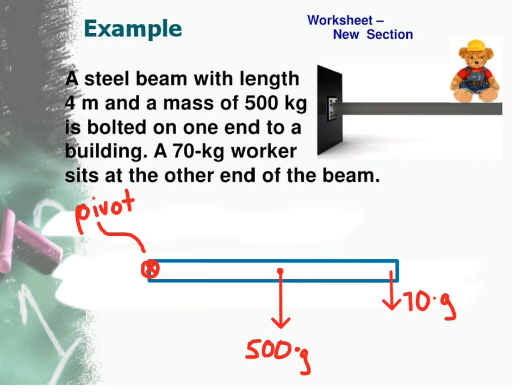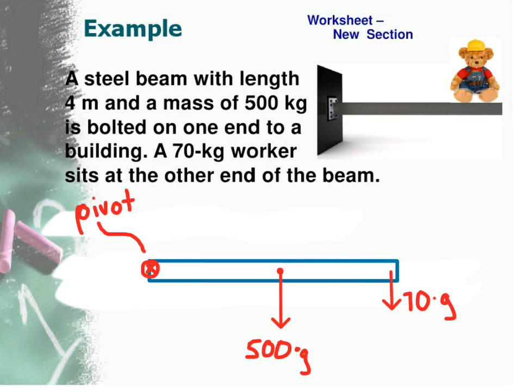Okay, so that is what a free body diagram would look like. Then I want to calculate the torque caused by this force, and then calculate the torque caused by that force, add the two together, and then I will get the net torque that is exerted on this beam.